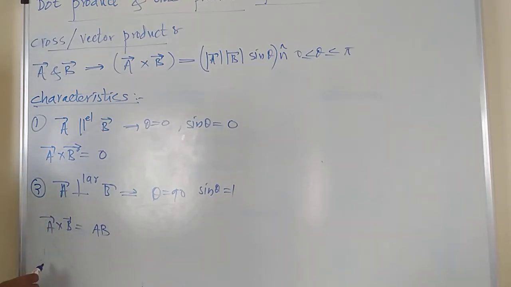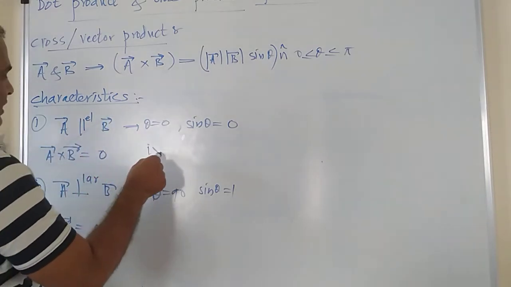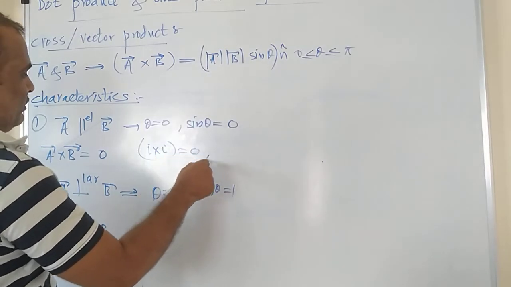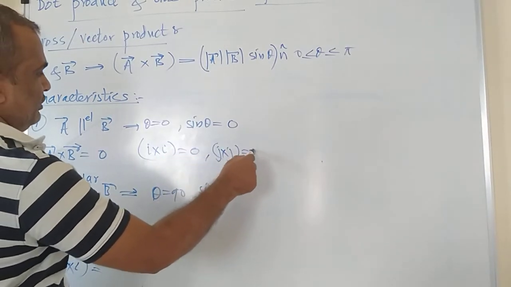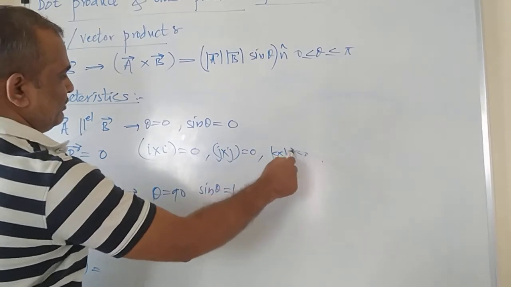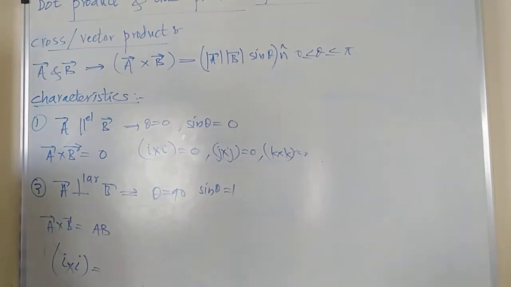Now from this I can say, i cross i is how much? Because both are parallel to each other, no? If two vectors are parallel to each other, then i cross i will be 0, j cross j is 0, and k cross k is equal to 0. Self cross product is 0.